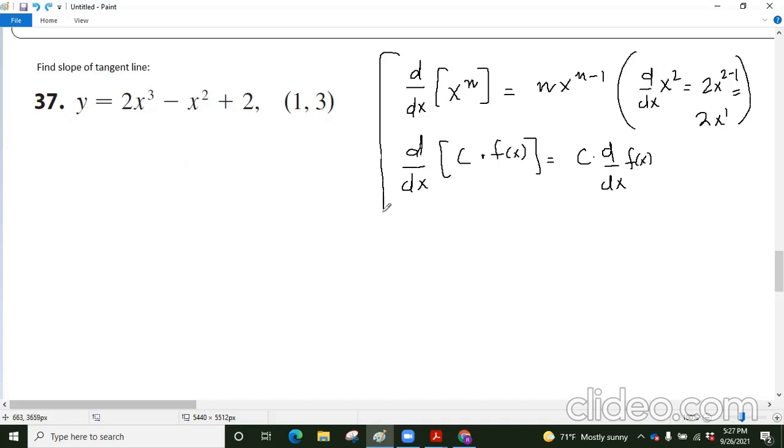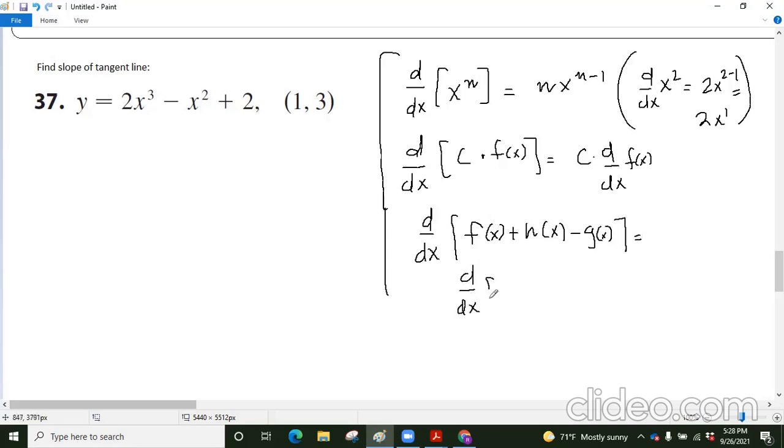But another point which could help illustrate this further is that the derivative of f of x plus h of x minus g of x is actually equal to the derivative of f of x plus the derivative of h of x, and then minus the derivative of g of x.